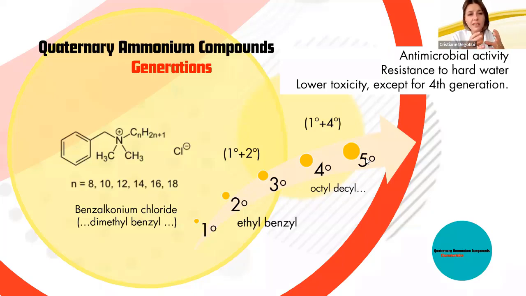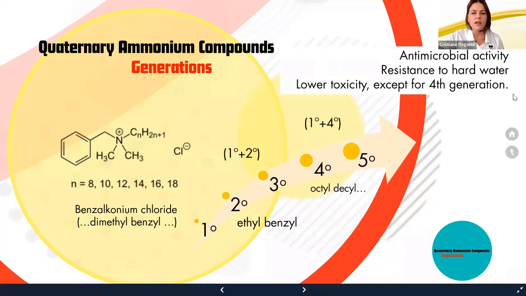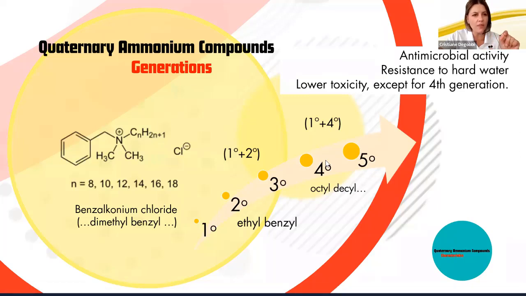And in a lot of cities around the world, you're gonna find this high mineral content in the water. And the first generation, for example, is going to react with this water hardness and lose efficacy. So once you go over the generations, you're gonna see that this is going to be decreased. The fourth and fifth generation, usually you're gonna see stated on the label, resistant to hard water.